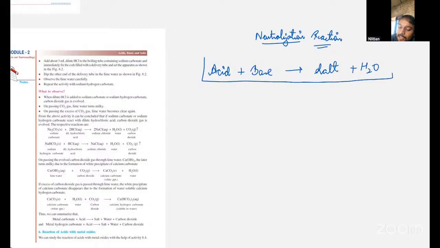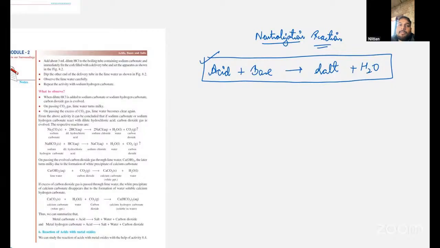Whenever an acid reacts with a base, it gives salt plus water. Now remember that this salt is neither an acid nor a base, which means it is neutral. The water is also neutral, as well as the salt. If I take this salt solution and a litmus paper, obviously I won't get any red or blue color.